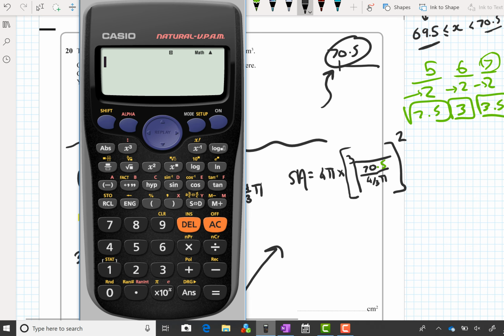4 pi times, and then we've got square brackets on here. Cube root of 70.5 over 4 over 3 pi. Oh, I don't want that. Press right again.